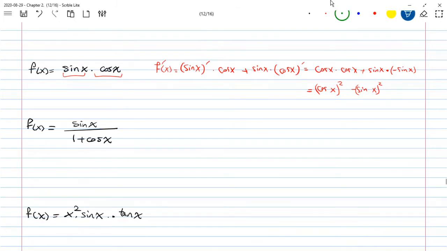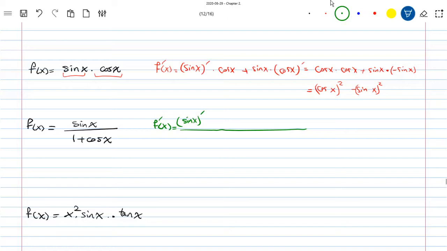How about derivative of sine x divided by 1 plus cosine x? This is a fraction. You should use the quotient rule. So f prime x would be, try the quotient rule. Derivative of the numerator, sine x. Do this step always. Write this. What is the quotient rule?